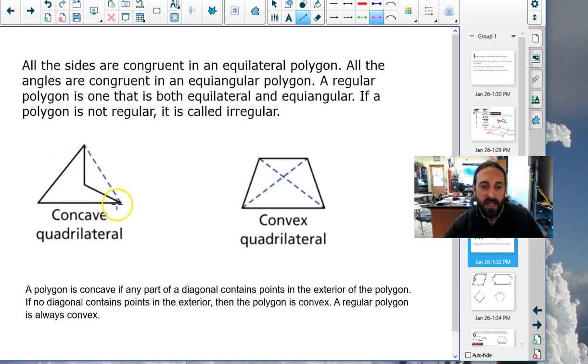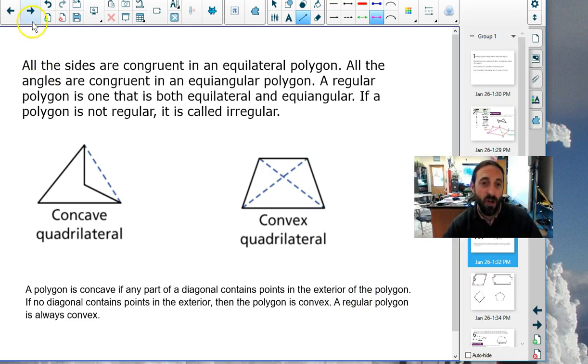But when I connect these two endpoints, now there's another endpoint in between, so these are non-adjacent endpoints, which means I can make a diagonal. If that diagonal is outside the figure, it is now concave, meaning it's caved in, the figure is collapsed, and it's still a quadrilateral. Convex means no diagonals are in the exterior, meaning all the diagonals occur within the polygon.